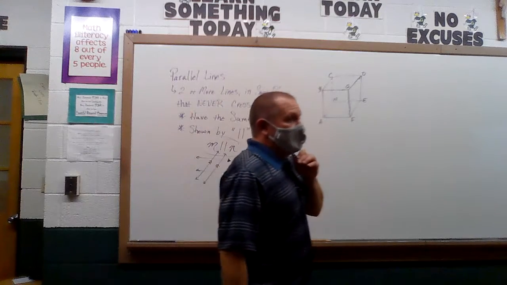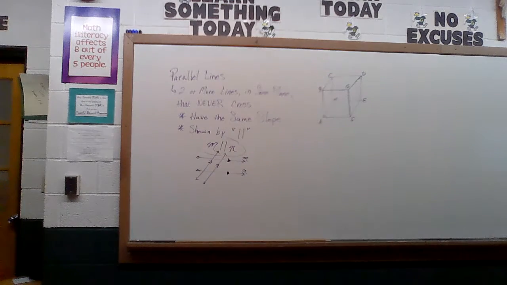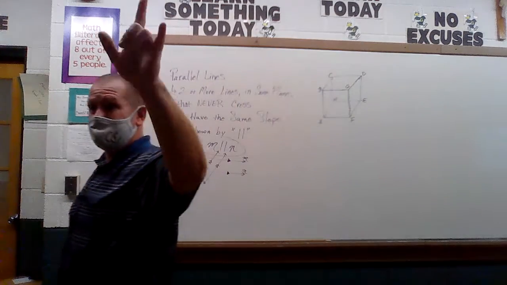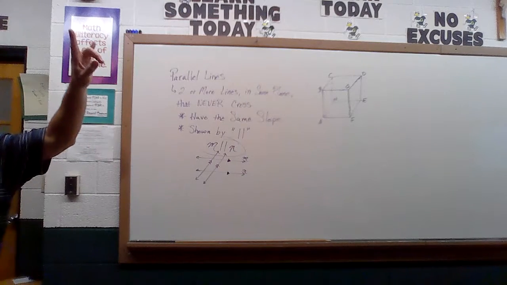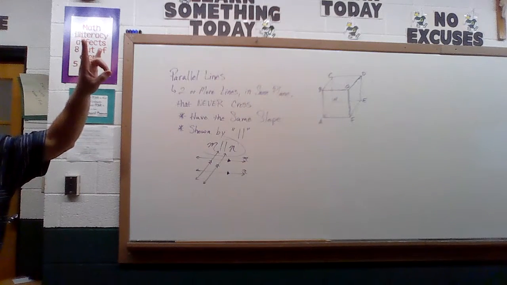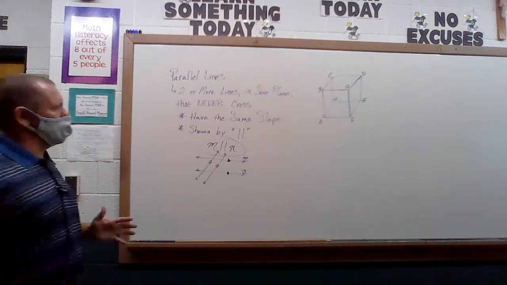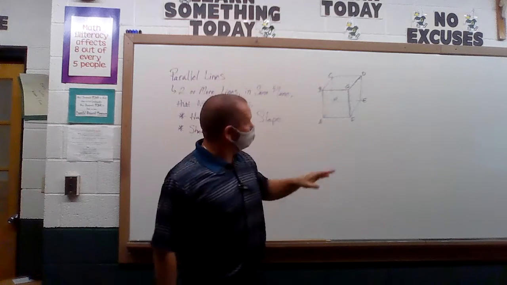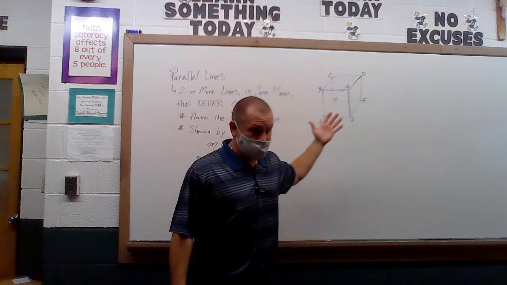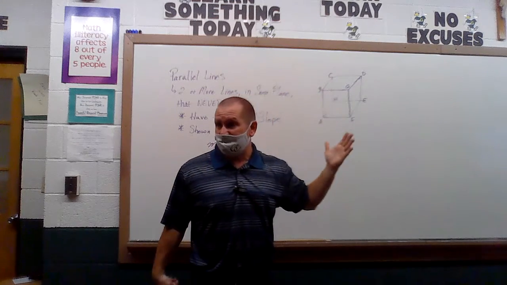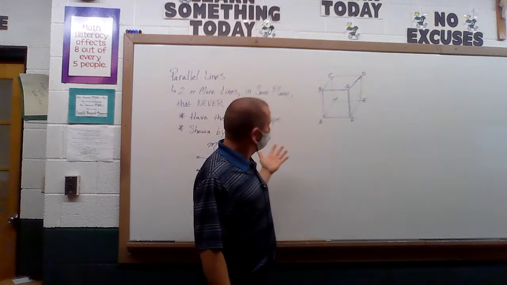Okay? So not only can we have parallel lines, but we can have parallel segments. Agree with that? And in a square, we would have two sets of parallel segments. Agreed? They would be opposite of each other on either side. Okay, so if I'm looking at the face that's staring at me in the front, what sets of sides are parallel to each other?